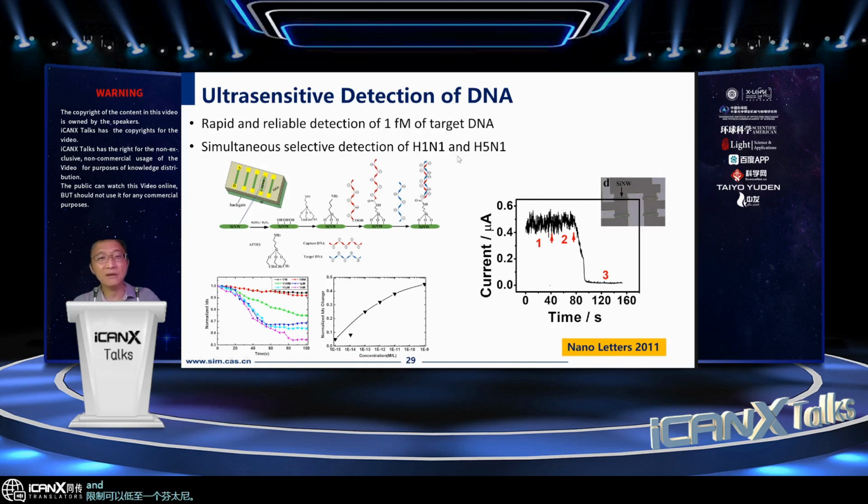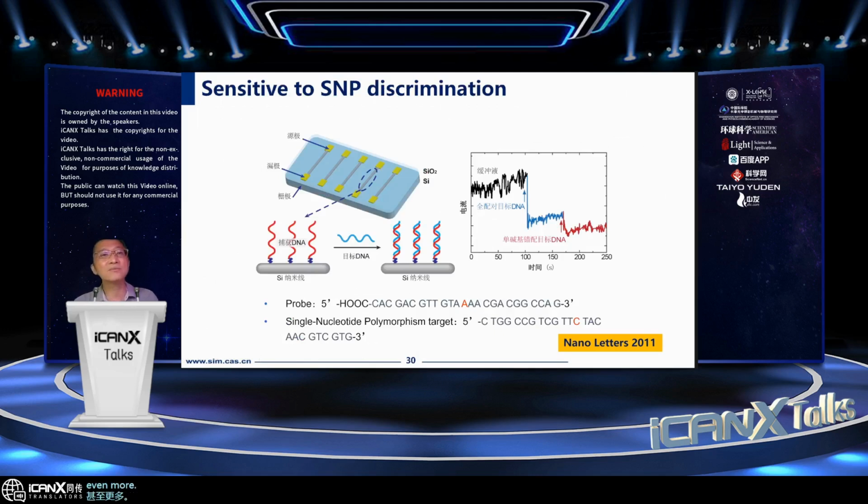And it has a very good selectivity to distinguish H1N1 and H5N1. Even more, it's very sensitive to the SNP discrimination, and it will give the very typical response to the SNP target. So this is the possibility of our sensors.